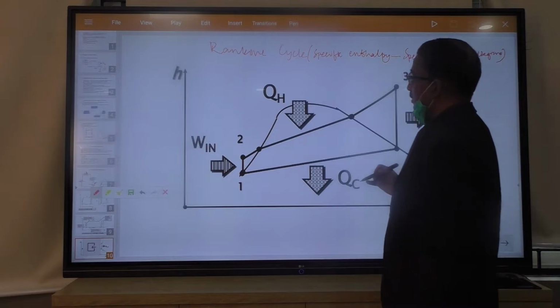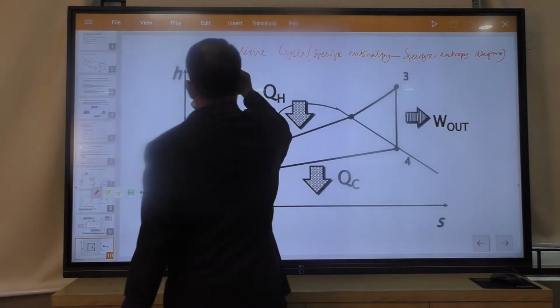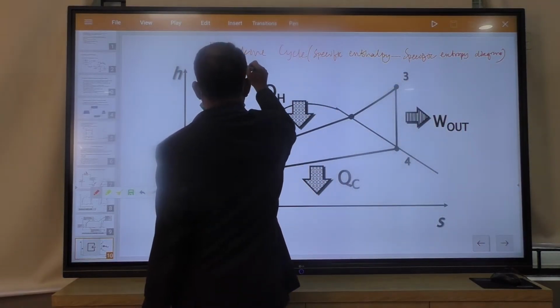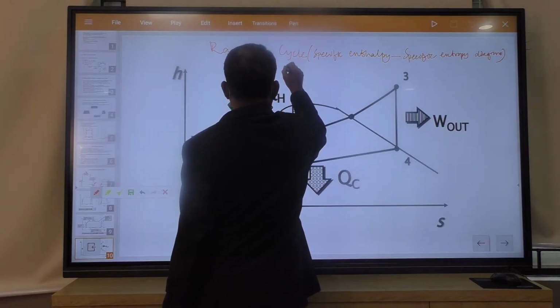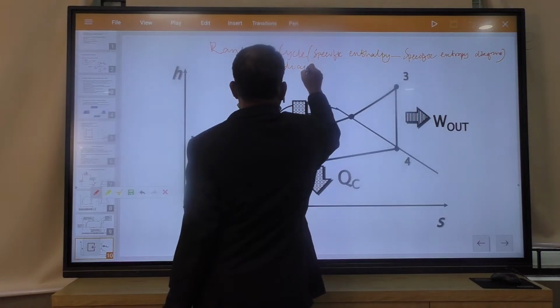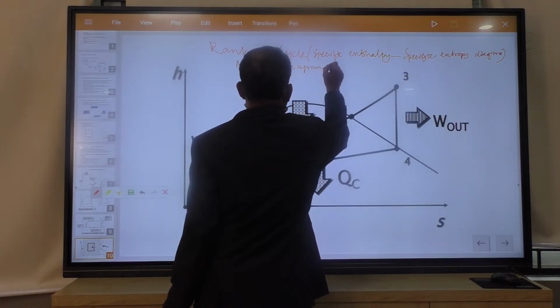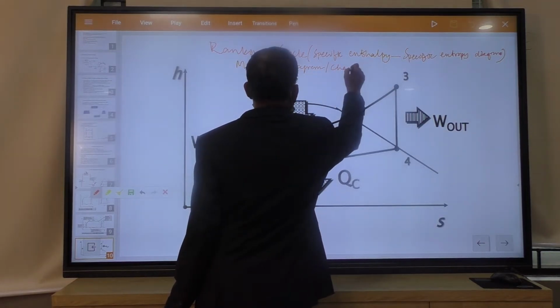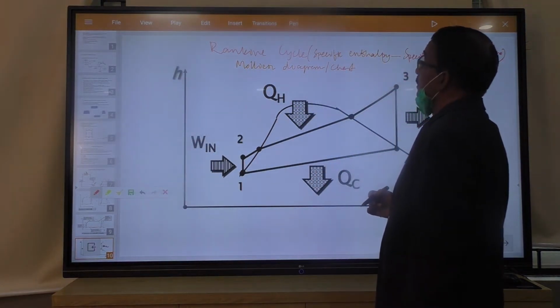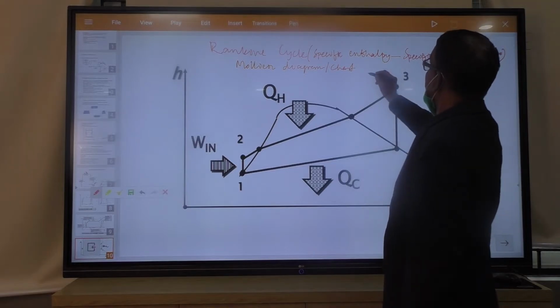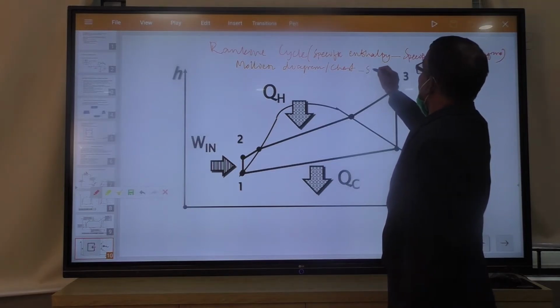This can also be known as Mollier diagram or Mollier chart. Popularly known as Mollier chart, it is found in your steam table. This chart is also found in steam table book.